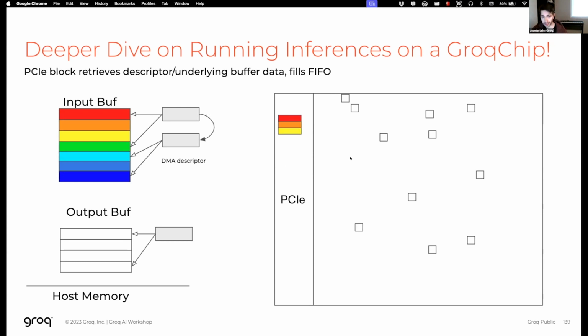The DMA master in the Groq chip will pull down information from the host CPU and start filling a FIFO, one memory location at a time. As this data is copied into the received FIFO, data is also simultaneously popped out of the FIFO into SRAM locations on the Groq chip.